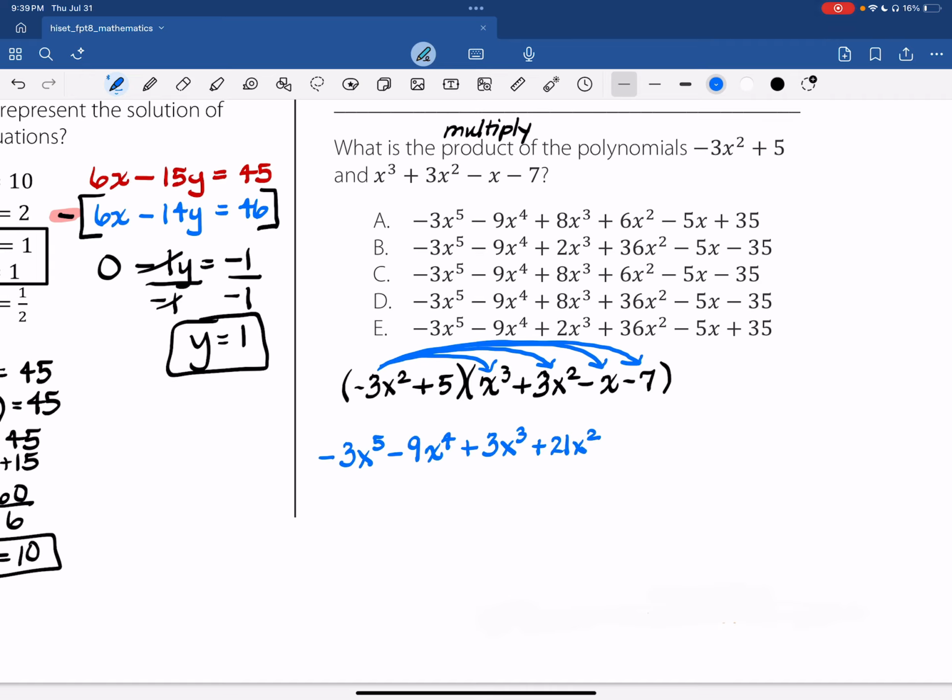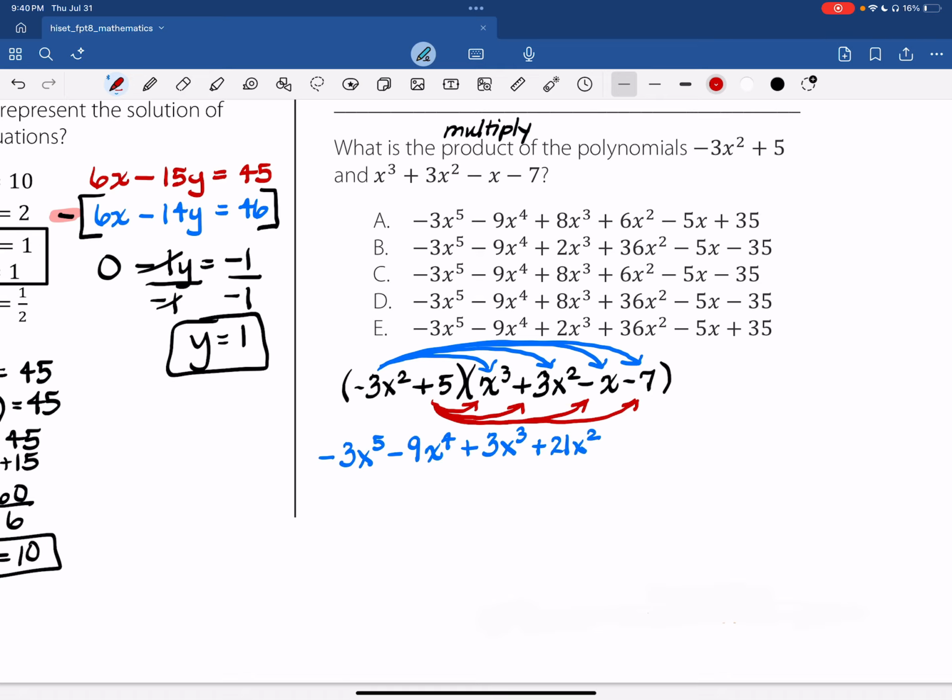And I did this one beforehand, so let me just be sure that I've got what I need here. Yes. Because I get lost in these very easily, and I didn't want to have to make the video several times. All right, now I'm going to take the positive 5 and do the same thing. I'm going to take it to all of these terms and see what I come up with.